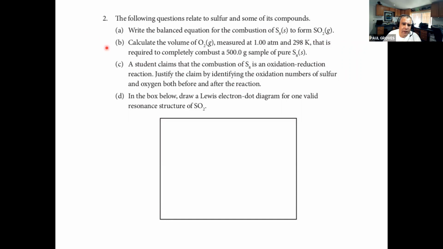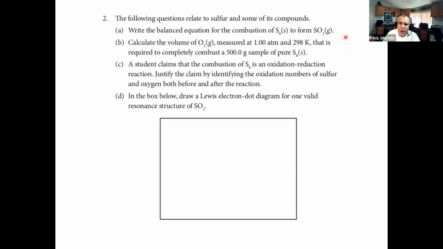B, calculate the volume of oxygen measured at 1 atmosphere and 298 Kelvin that's required to completely combust 500 grams of pure S8. So that would be a dimensional analysis kind of problem. A student gains that. Now also on this one, you're probably going to have to use the coefficients from your balanced equation.